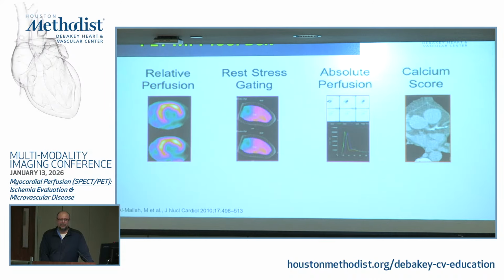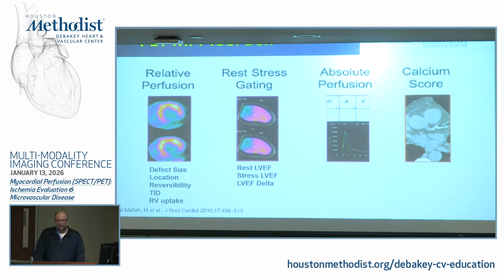All right, so when we are interpreting a PET study, this is a slide I put here where we look at what I call a PET toolkit. So you have so much integrated information. I didn't put the EKG here, but the EKG is also another aspect there. So you have the relative perfusion where you look at the defect size, location, severity, reversibility, RV uptake, all of that, TID.